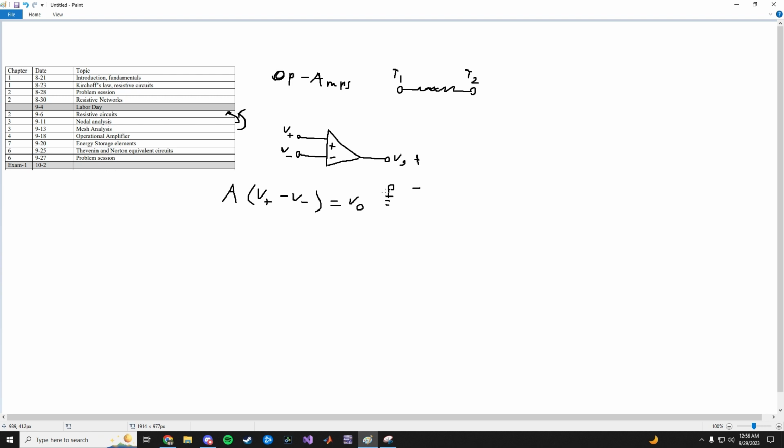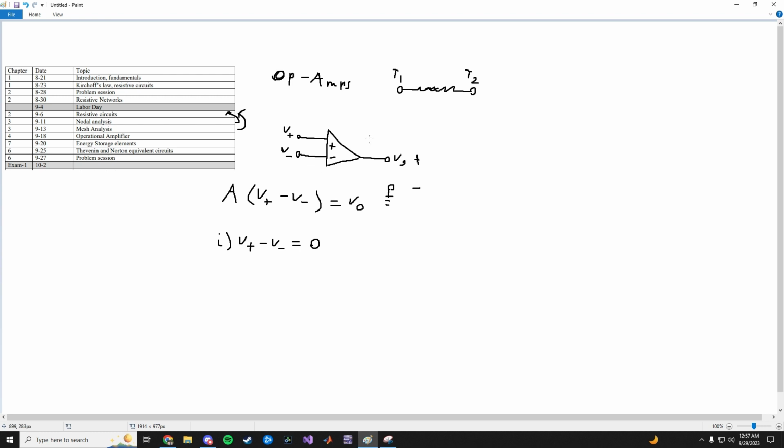And that's how an op amp works. So there are two golden rules. The first one is V plus minus V minus has to equal 0. What that means is any change in either of the terminals will push the other terminal to the same voltage.